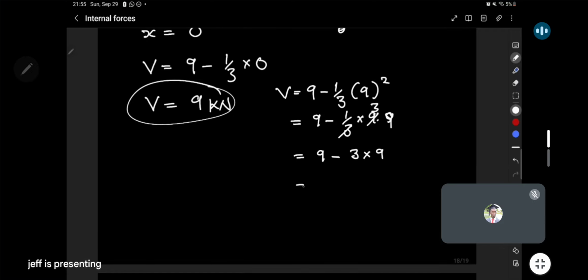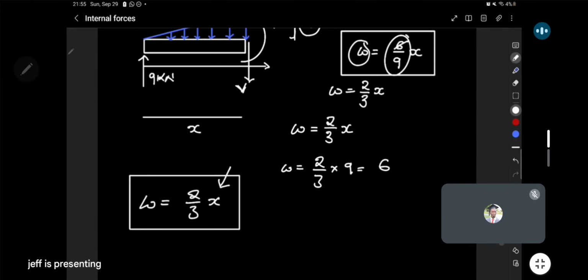This is straightforward now because when you combine these, this will be 27. And then 27 from 9, we get negative 18. So at the far end at point B, the shear force will be negative 18 kilonewtons.